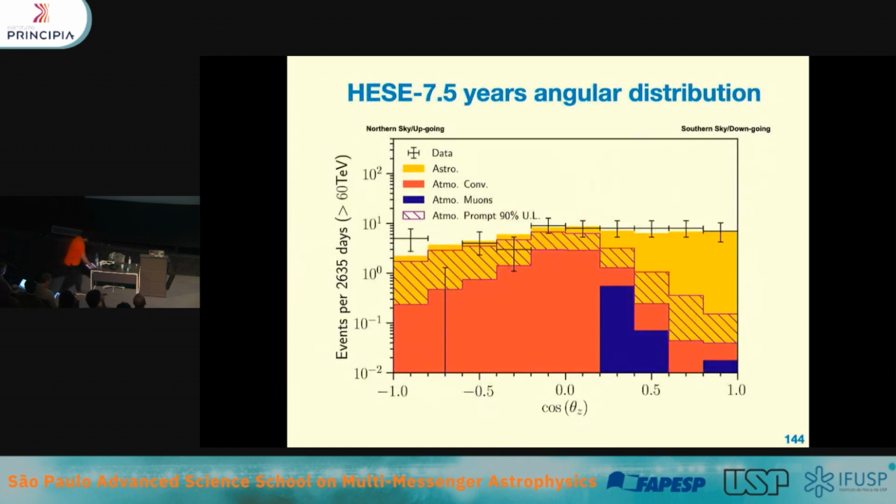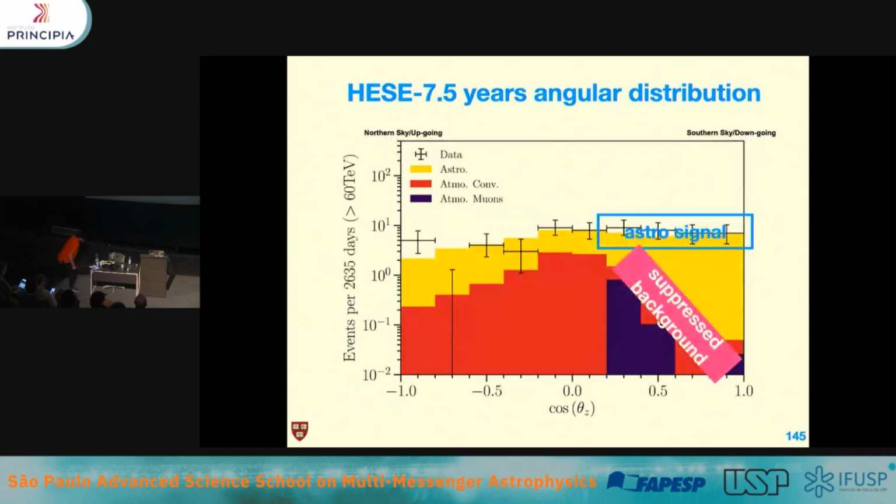And now the important part is that you look at the directional distribution of your data. You can see that the distribution of astrophysical neutrinos that interact in your detector, as a function of direction at high energy, is actually flat, whereas the background is suppressed in this direction.